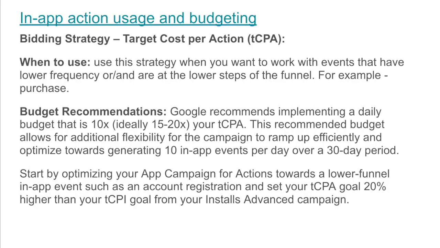In this case, you need to have at least 10 events daily for the right optimization. Set up a budget that is 15 to 20 times higher than your target cost, at least.